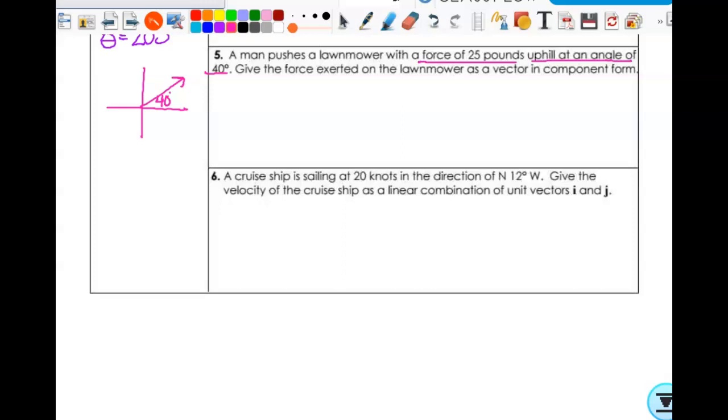So if I want it as a vector in component form, my vector is going to be 25 pounds of force times the cosine of 40, and then 25 pounds of force times the sine of 40. And since our angle is in the first quadrant, we would expect the A and the B to both be positive.